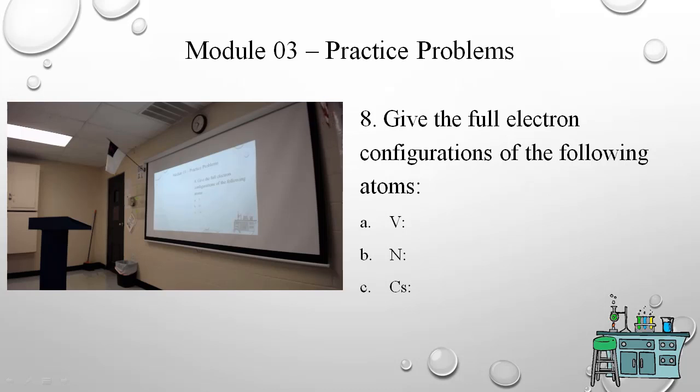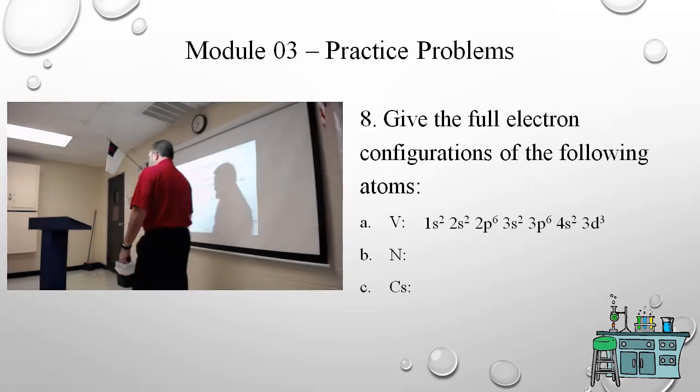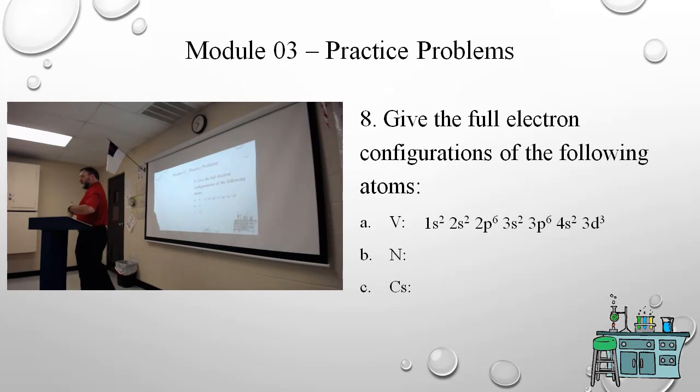So 3d3. See that? So make sure you remember, once you hit the d block, the energy level goes down 1. And that's very significant when we start getting into compounds. It's very significant that you lose that energy level.